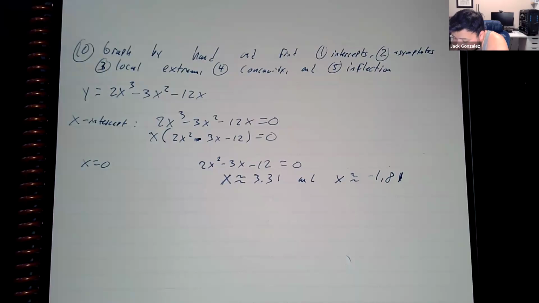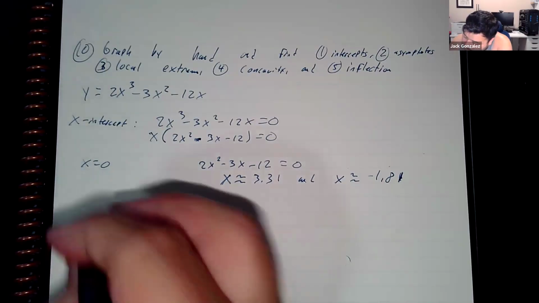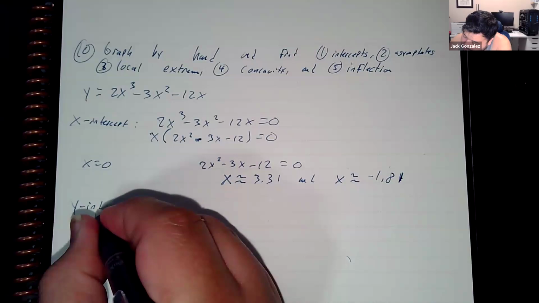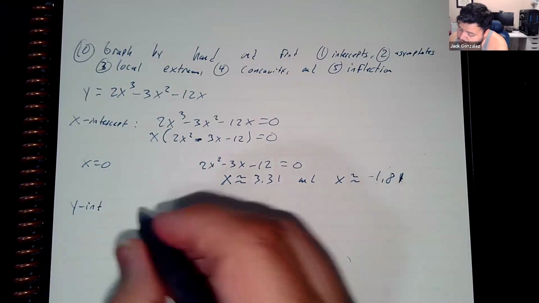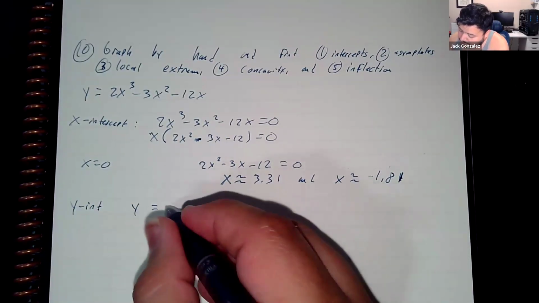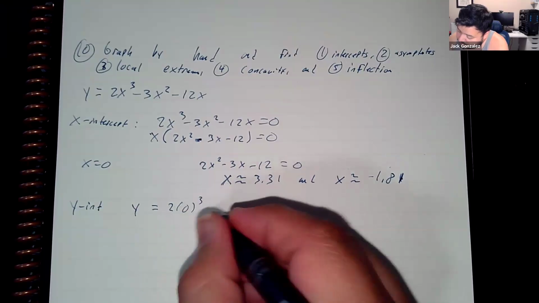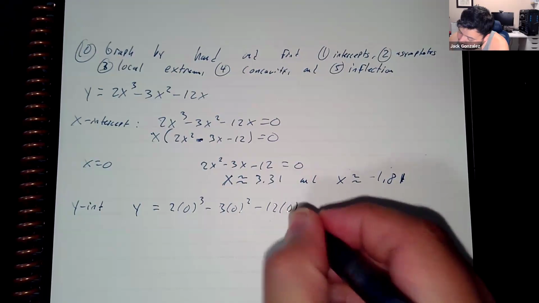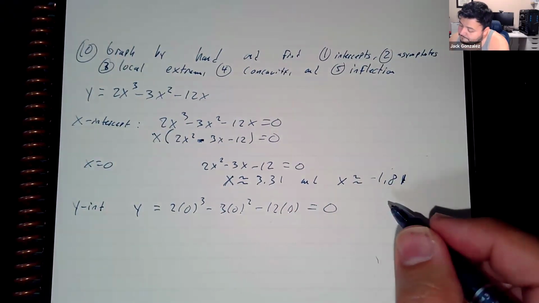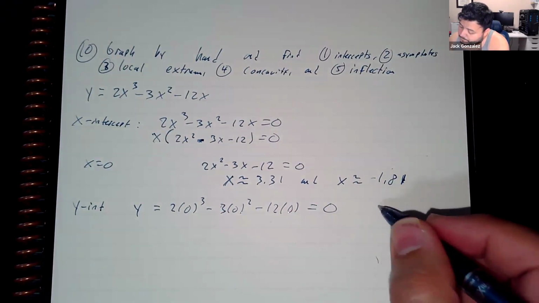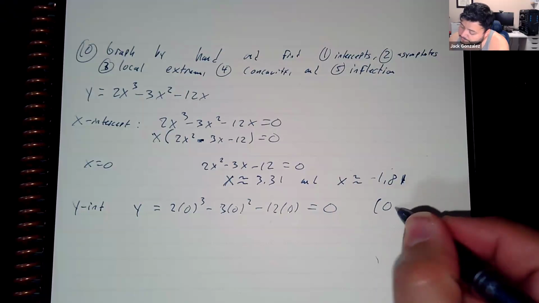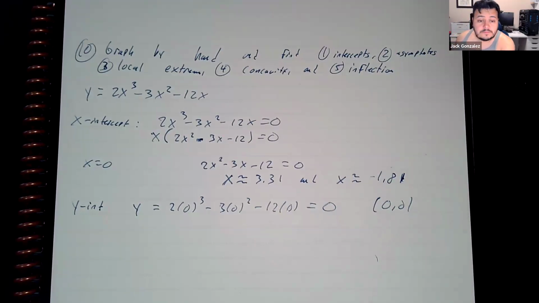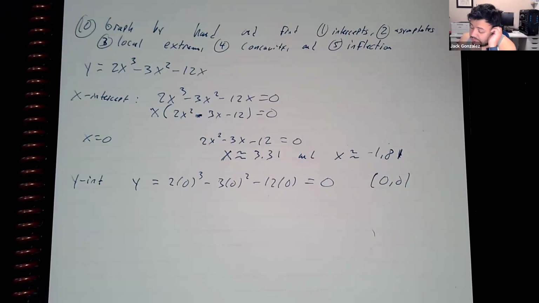Okay, so there's my intercepts. For the y-intercept, you let x be 0. And it looks like it's going to be the center part. So 0, 0. Okay, so there's the intercepts. Not very pretty, but oh well.